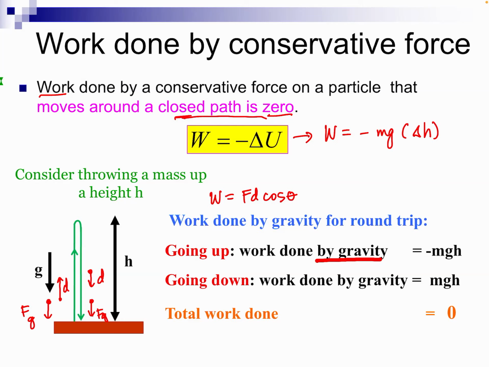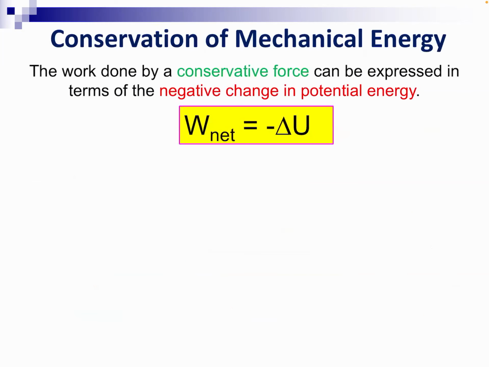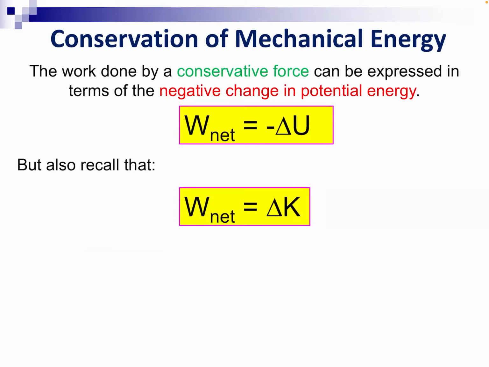Now, we've learned that the work is equal to the negative change in potential energy. We also learned in our lecture yesterday that work is equal to the change in kinetic energy.